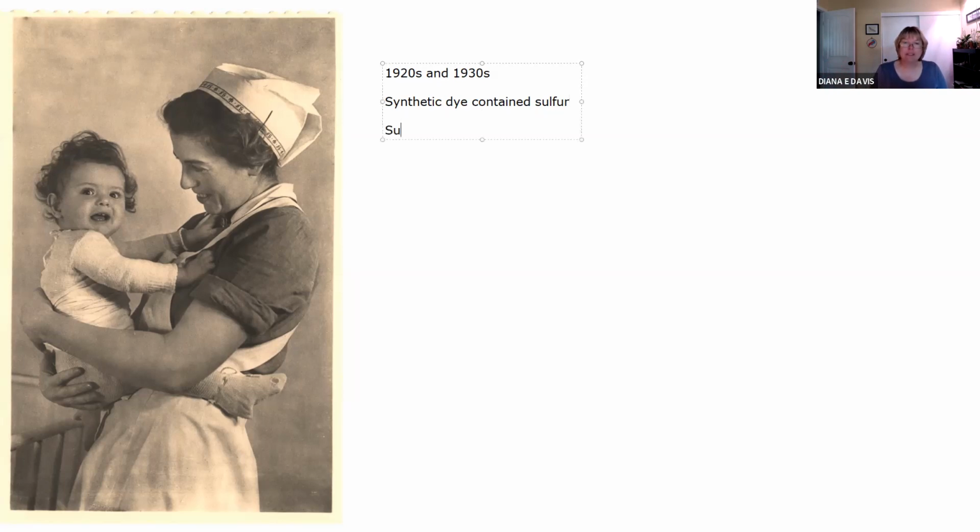These sulfa drugs, named because they have sulfur, reduced death from what we called childbirth infections, a specific group of infections, from 25% to less than 5%.